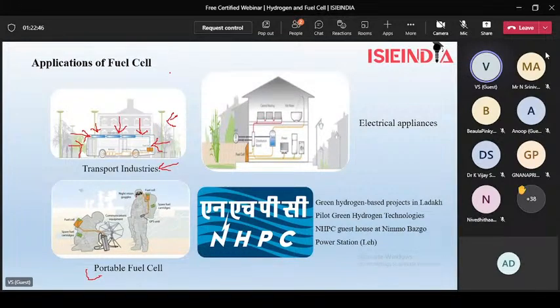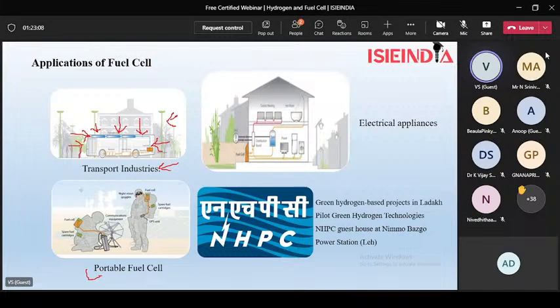After some time, the battery is completely discharged and needs to be recharged. But in the case of a fuel cell, that doesn't happen. As we supply the hydrogen, the fuel cell will continuously generate electricity and deliver it to the load.